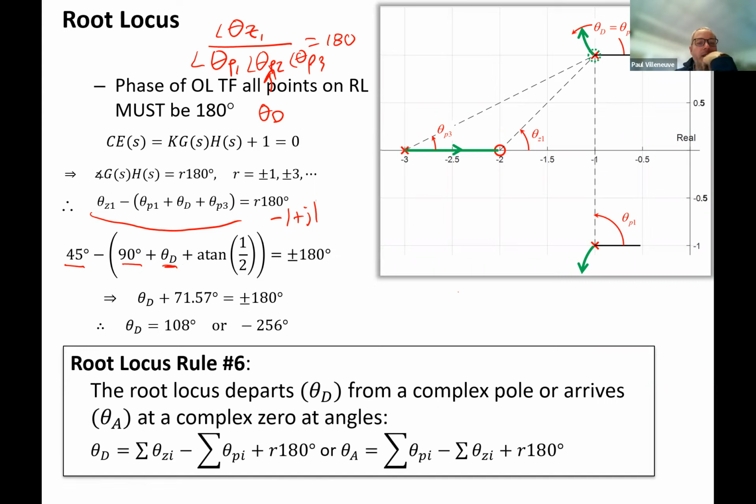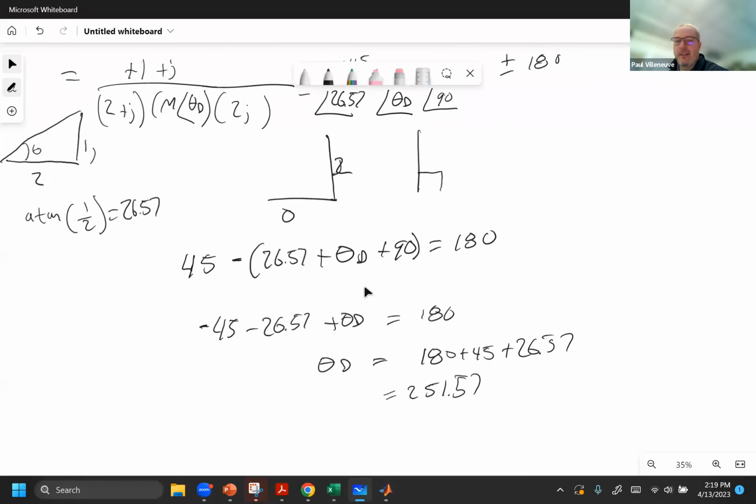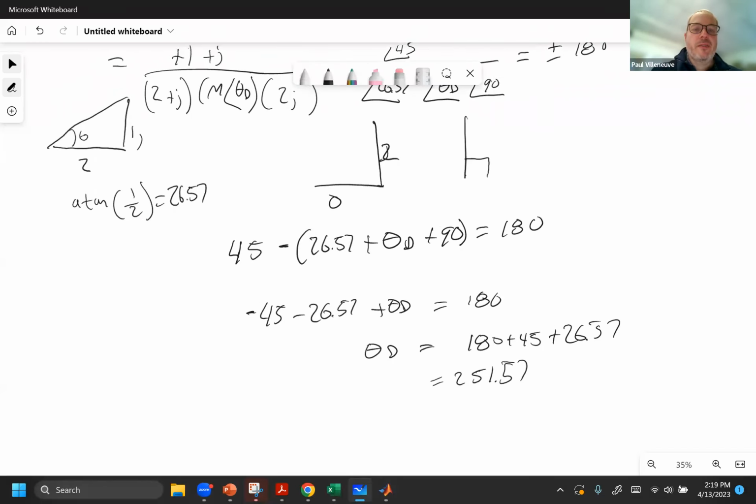Let's see. Slightly different. I do get the 108, but for some reason, I'm in the opposite direction. So let me look and see. Let me try that again.